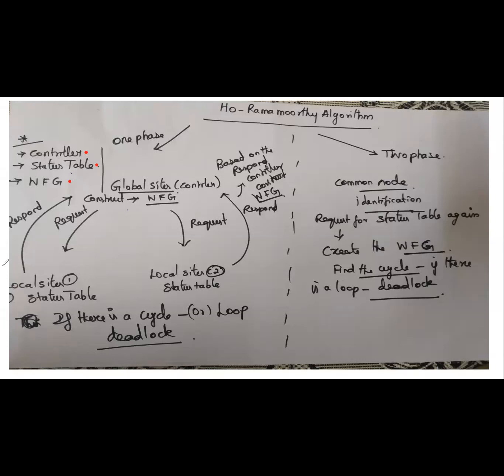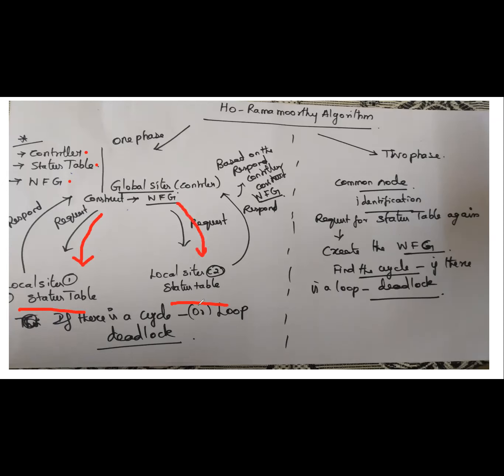You can see here, there are two local sites, local site one and local site two. The global site is going to request the status table from the local sites.